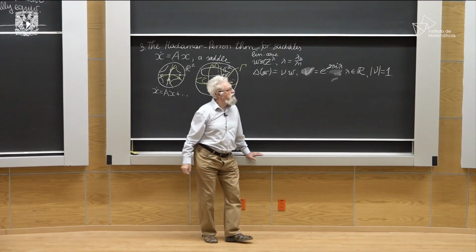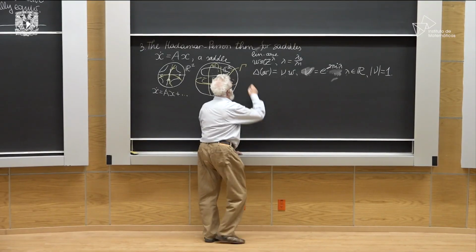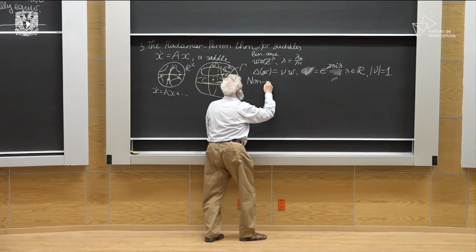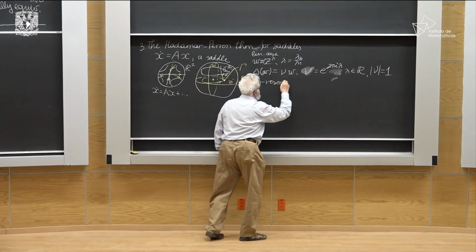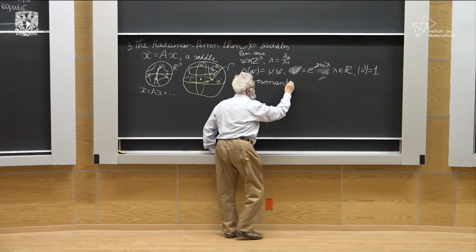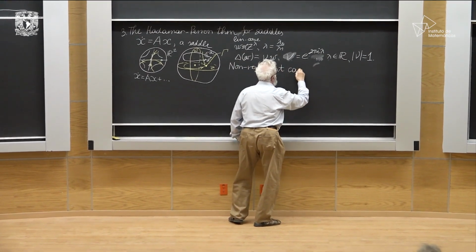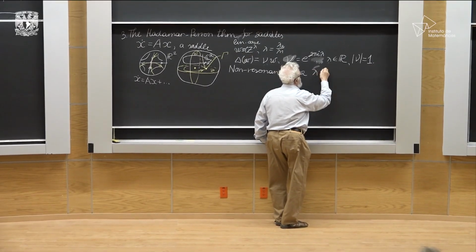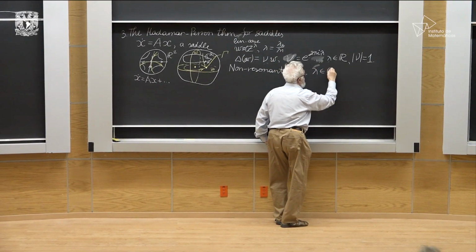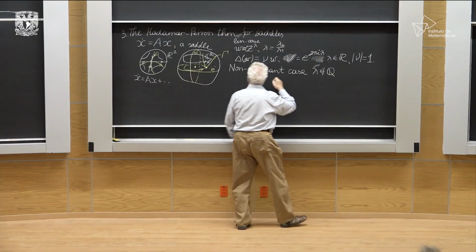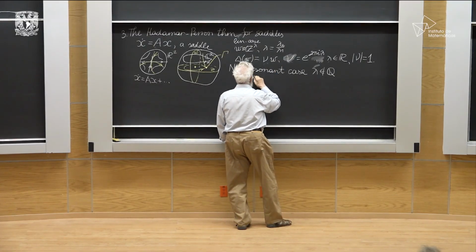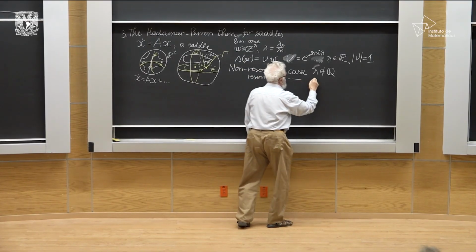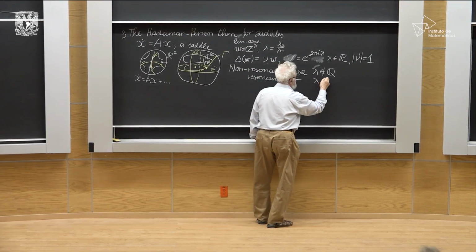Once again, in the non-resonant case, lambda is irrational. In the resonant case, lambda is rational.